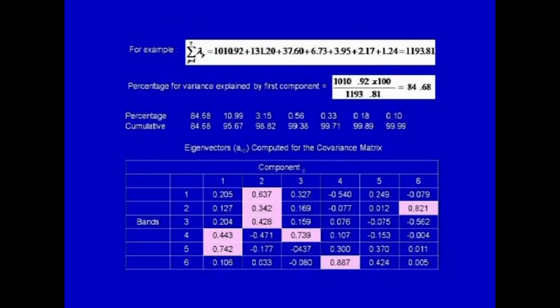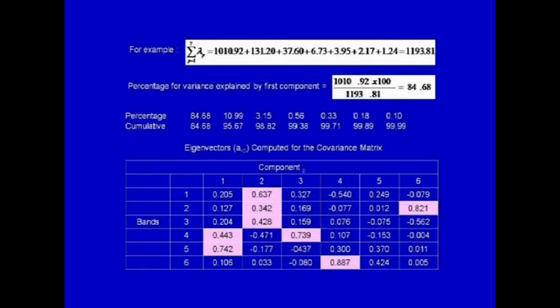What we find is that the total information content is of the order of 1193.18. Against this, we can now find the percentage contribution of information in each of the components.